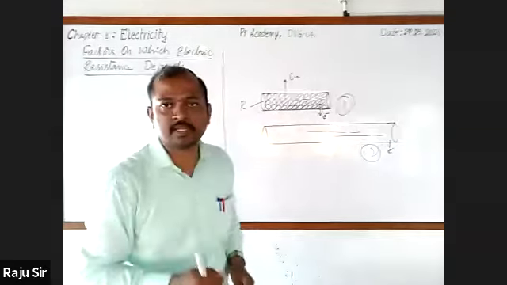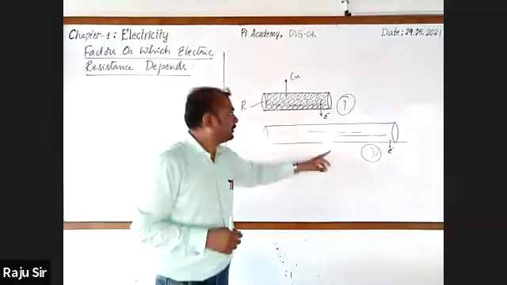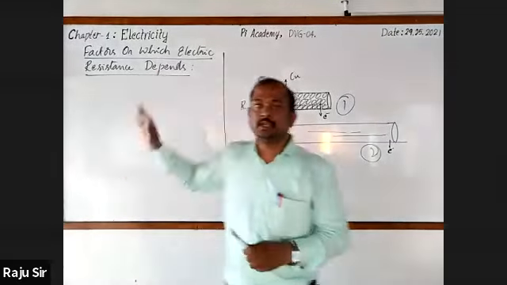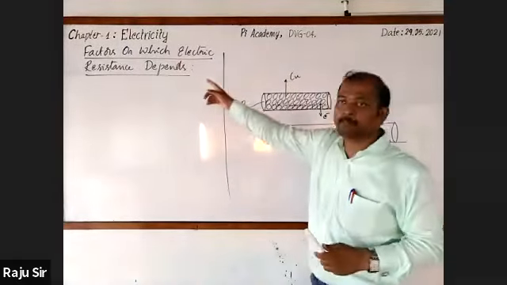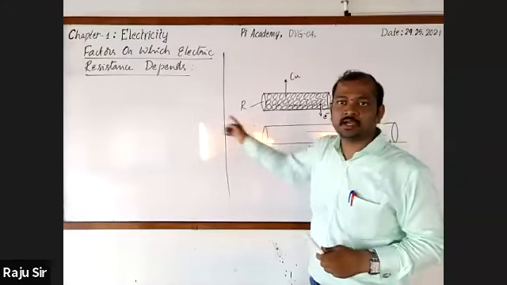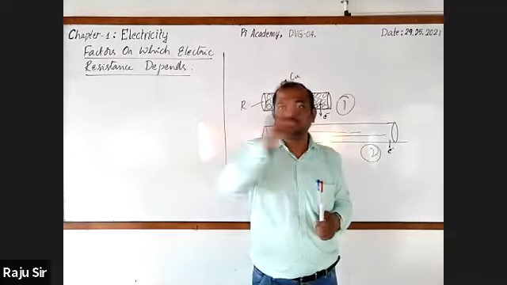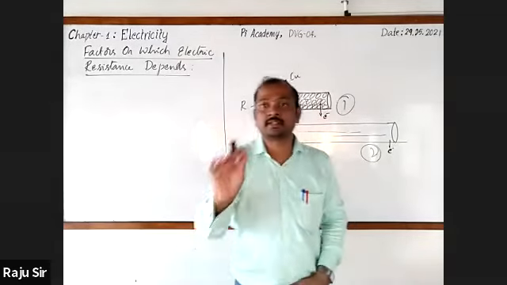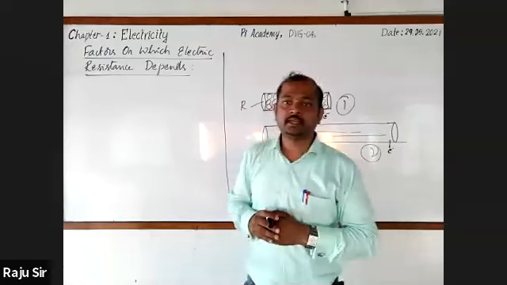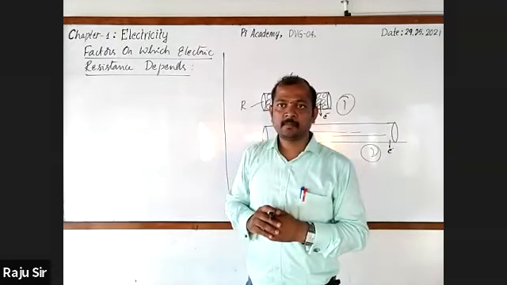In which of these two is the electric resistance more? Second one. So from this we can come to know that electric resistance depends on the length of the conductor. As the length increases, electric resistance also increases. Clear?